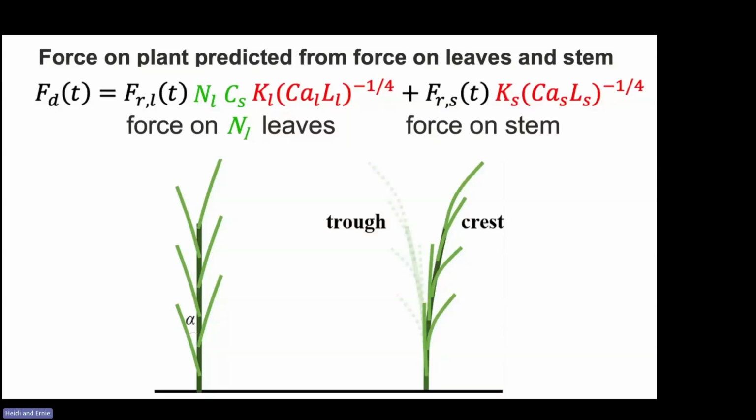The rigid force is in the black font, and then the correction, the scaling, which accounts for reconfiguration, is in the red font, where the Cauchy number and the length ratio are calculated for the stem. Similarly, we can make the force calculation for the individual leaves, which have a slightly different morphology and different rigidity. So the correction factor, CaL, must be calculated for the individual leaves. And then we can sum the force on N sub L leaves and the force on the stem.